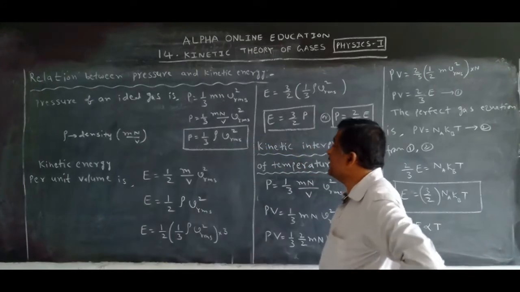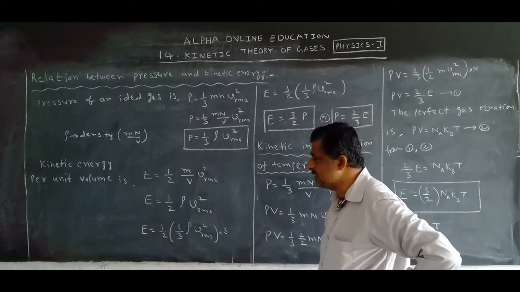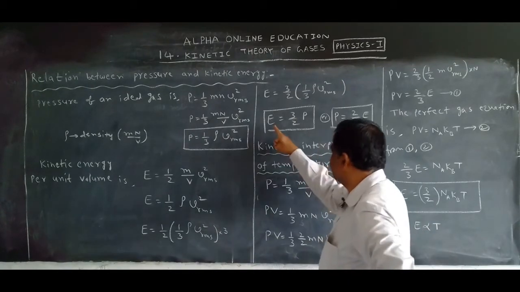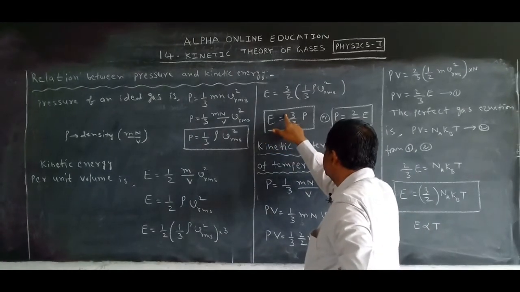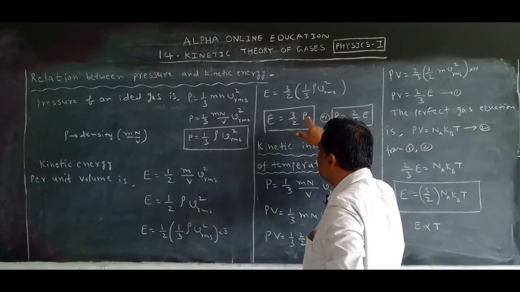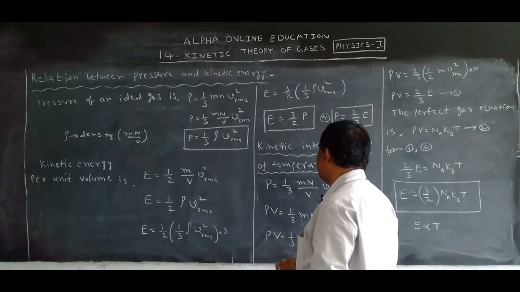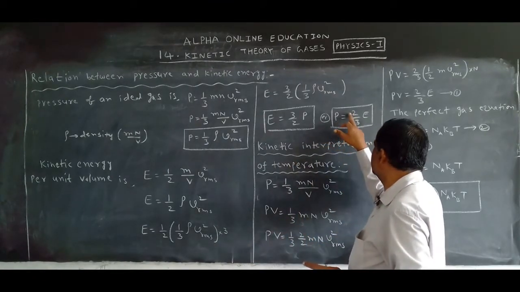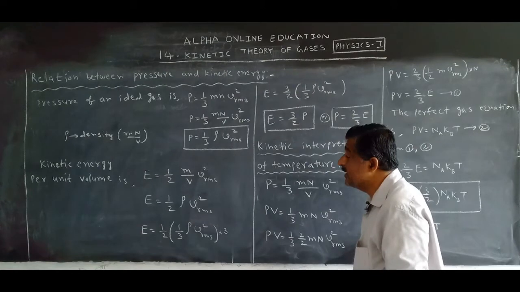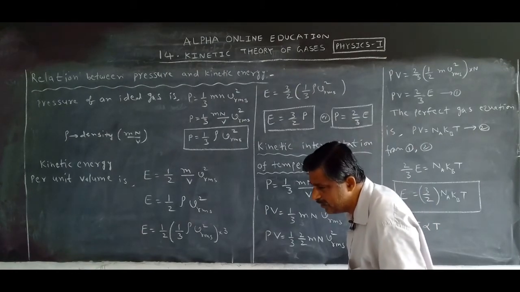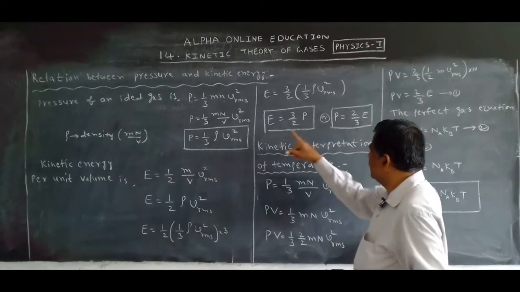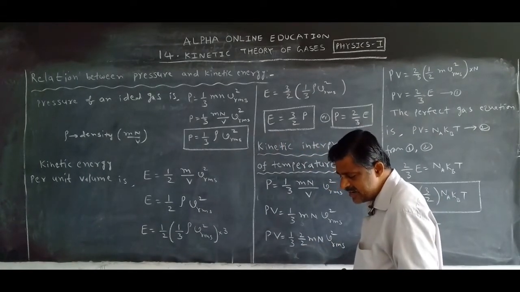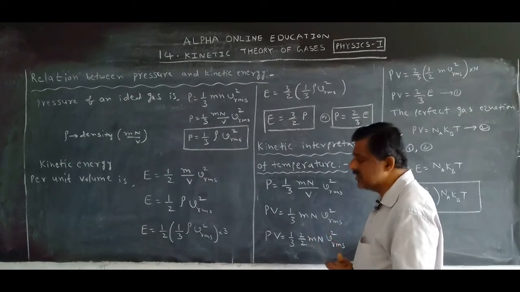What is E? The kinetic energy of gas molecules per unit volume is equal to 3 by 2 times the pressure of an ideal gas. Otherwise, the pressure of an ideal gas is 2 by 3 times the kinetic energy per unit volume of the gas molecules. You take this one or this one. Anyhow, what is the relation between E and P? A proportional relation.